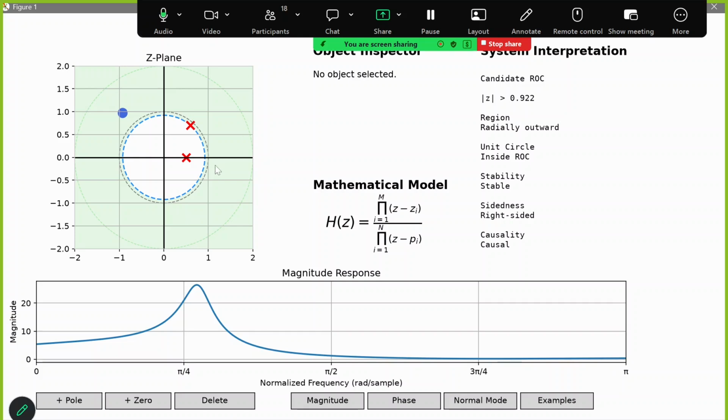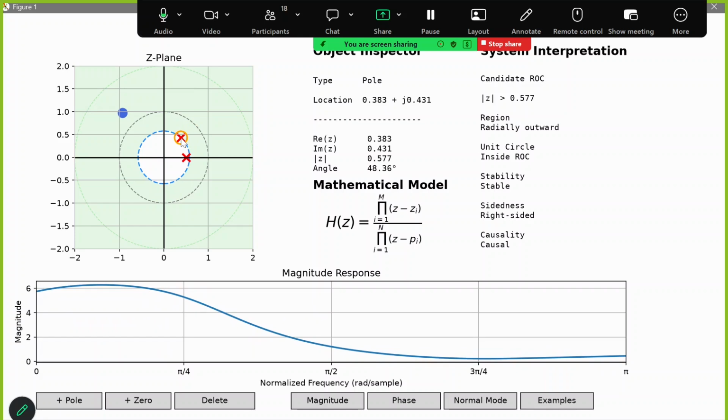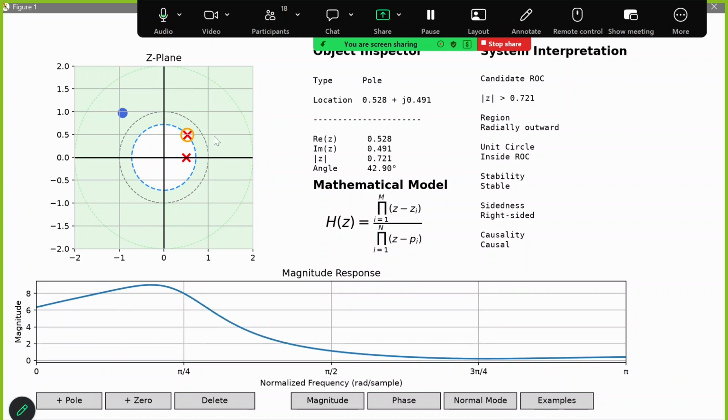So in this case, as you can see, the ROC includes this unit circle, so we have this magnitude response. This is basically the magnitude of your Fourier transform. Why? Because the unit circle is inside our ROC. If I move this pole inward like this, that's also okay, right? We still have the magnitude response.